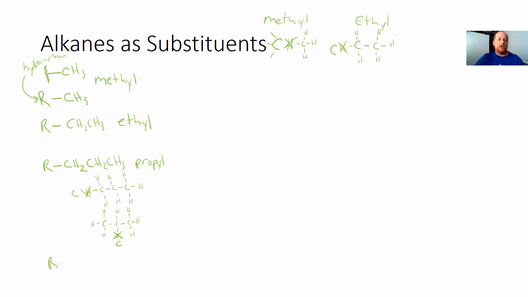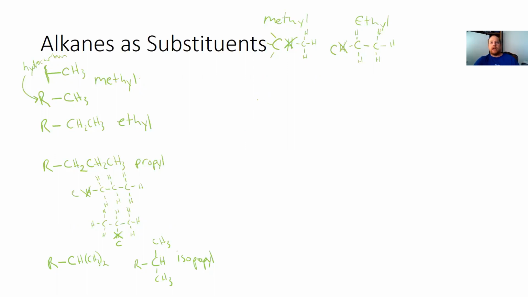So you would have R bonded to CH(CH3)2, or R bonded to CH, CH3, CH3. Those would be isopropyl. And so you go through the list the same way.